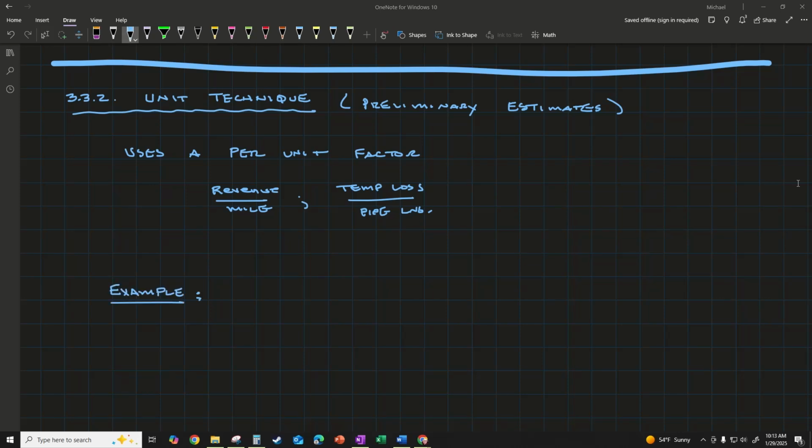For example, say a house costs $120 per square foot. That might be a unit factor estimation technique that a realtor might use.